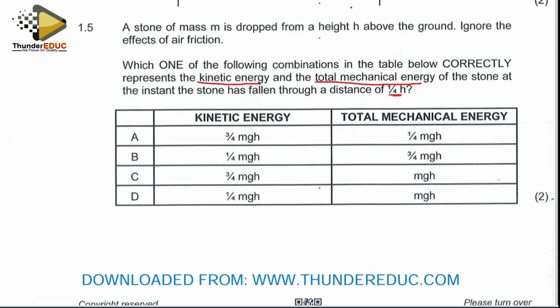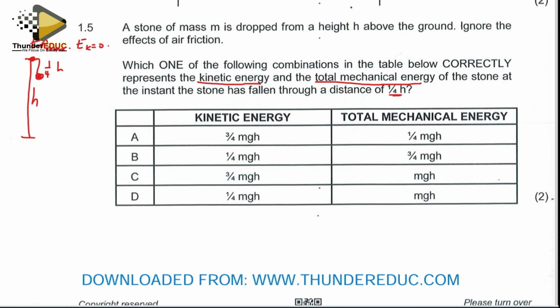Okay, so what we can see is that if we have probably a building or a height h here, and then we are being told that the stone has fallen up to a certain height, which is a quarter h. We know that at the top of this height, the stone is going to have the maximum potential gravitational energy, and then 0 EK.